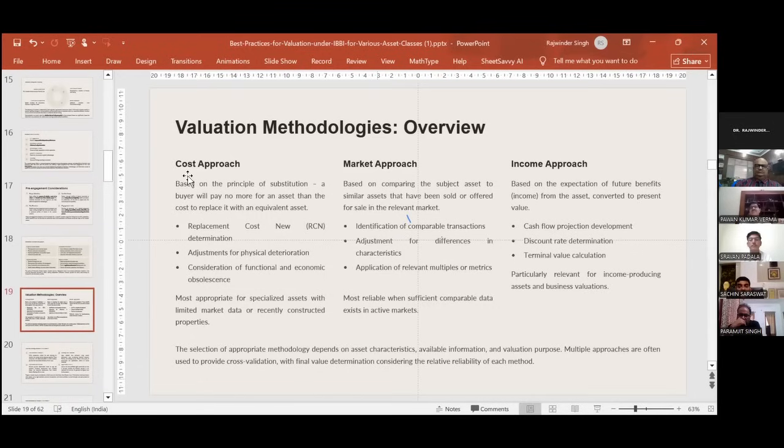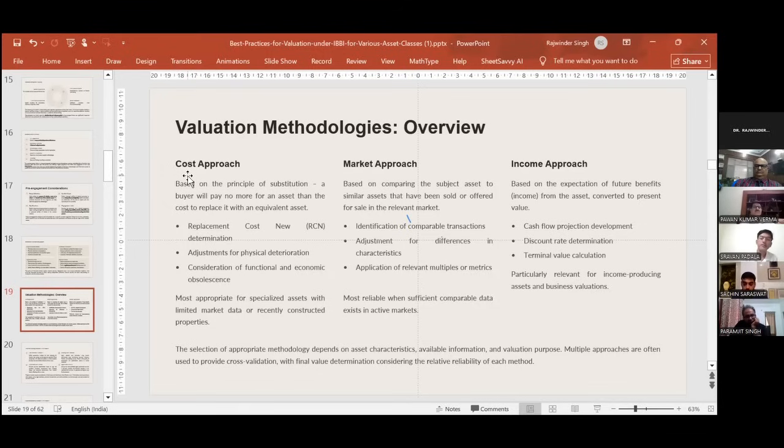So the next thing before starting your valuation process is you have to decide upon the valuation methodologies. So generally there are three valuation approaches: cost approach, market approach, and income approach. So the cost approach, as a registered valuer, is based upon the principle of substitution.